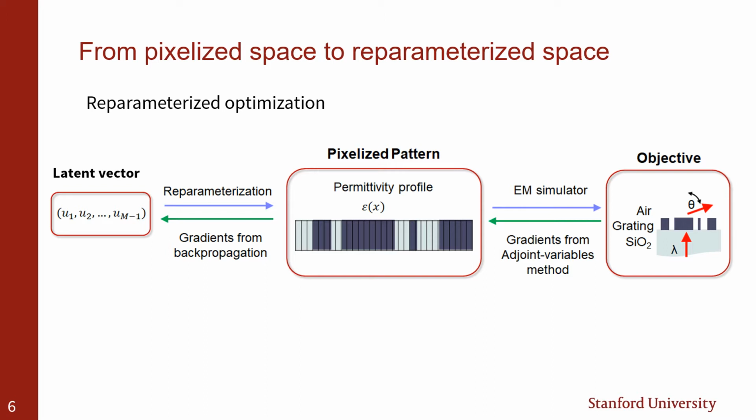And since all the mapping functions are differentiable, we can easily get the gradient for the latent vector from backpropagation. So every iteration, we actually update the latent vector in this low-dimensional reparameterized space. I would like to point out that through this reparameterization scheme, we frame the constraint optimization problem as a boundary optimization with definitive topologies.